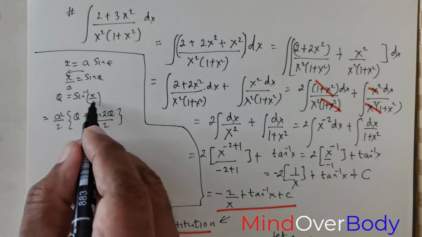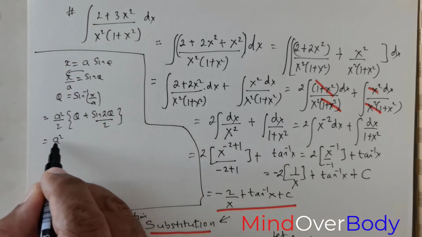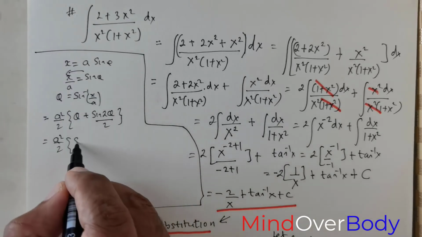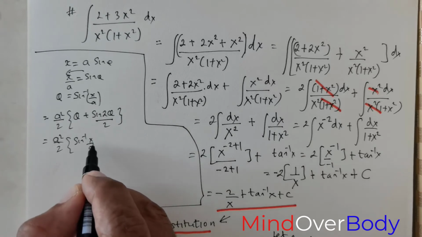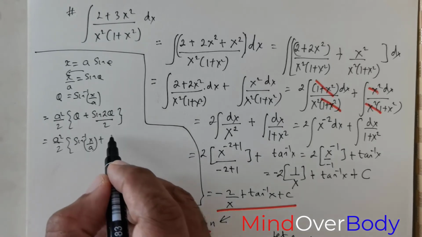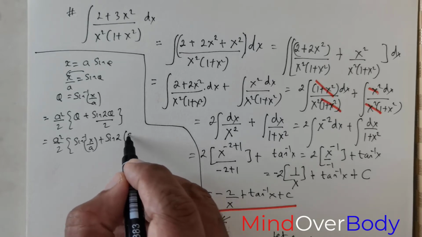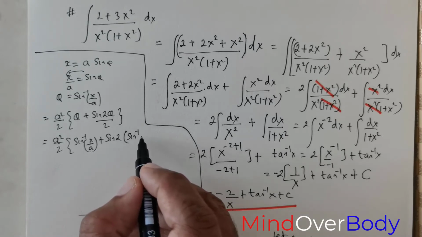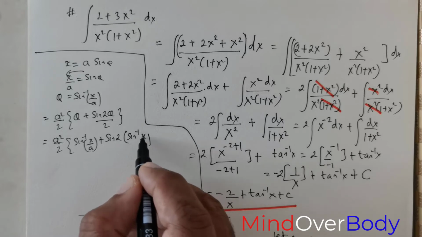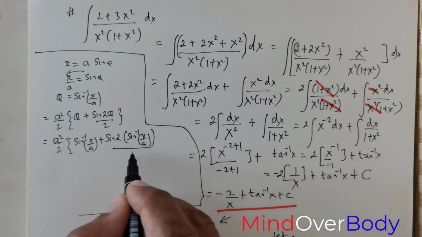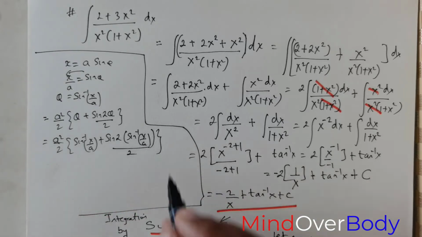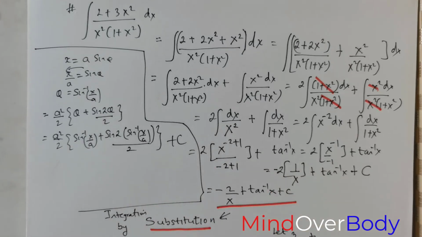So if I substitute the value of theta, this is a squared over 2 times sin inverse of x over a plus sin 2 times sin inverse of x over a, divided by 2, plus an arbitrary constant. So this is what we have got.